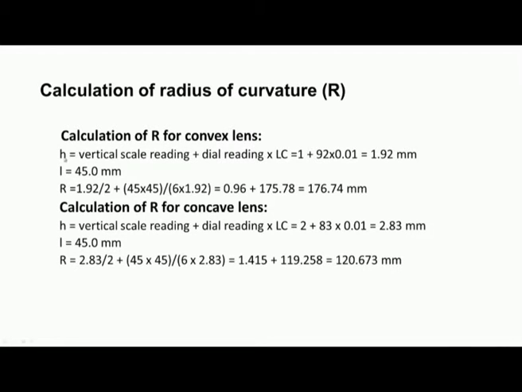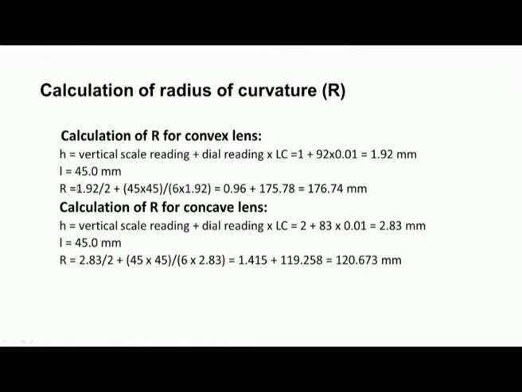So, we have observed that h, that is vertical scale reading plus dial reading into least count, is equal to: vertical scale reading is 1 unit and then dial reading was 92 into least count 0.01 mm. So, h is 1.92 millimeter and the average length, that is the average distance between the tips of the legs, is 45 millimeter.